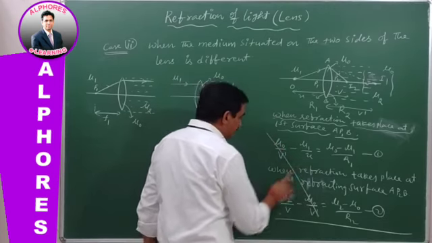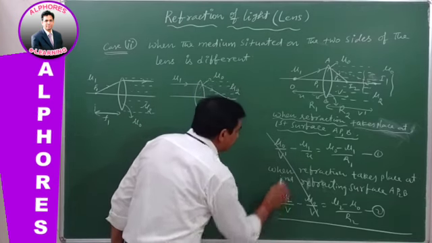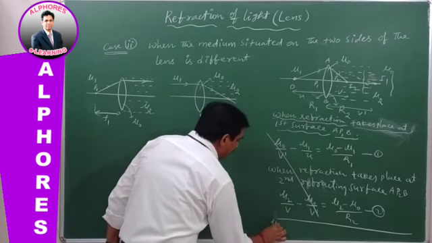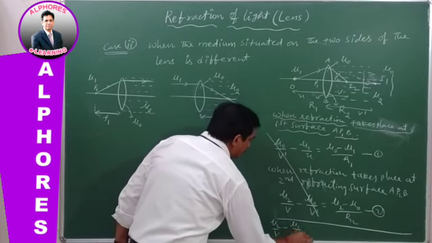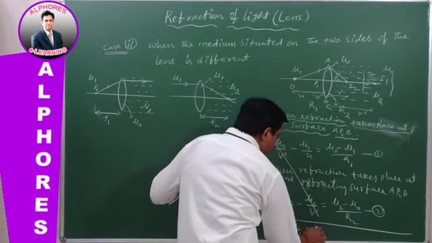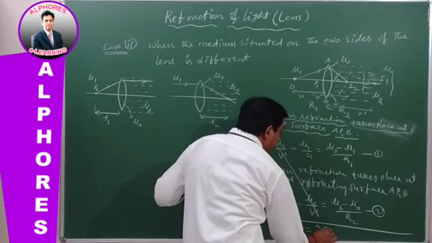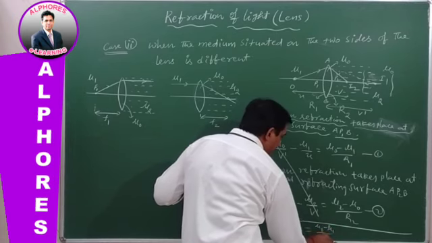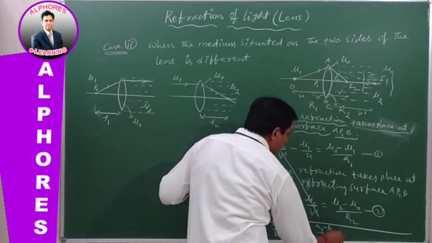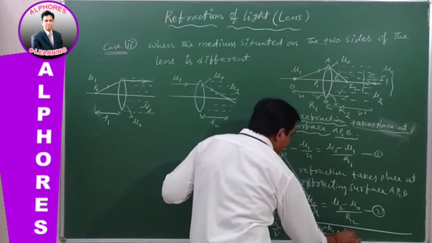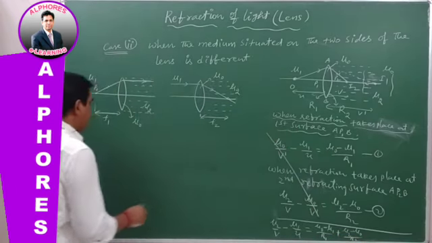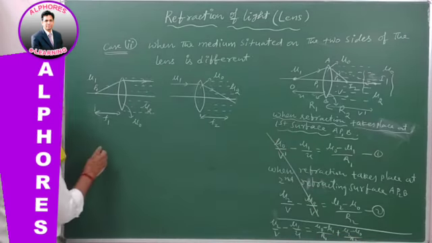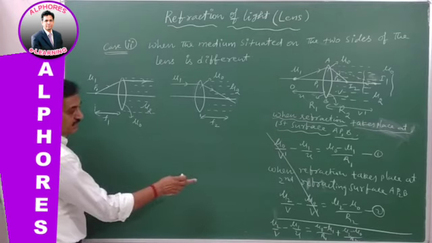Now these two remain. So finally we can write it as mu2 by V minus mu1 by U is equal to mu naught minus mu1 by R1 plus mu2 minus mu naught by R2. So the final equation is obtained, that is the resultant equation.